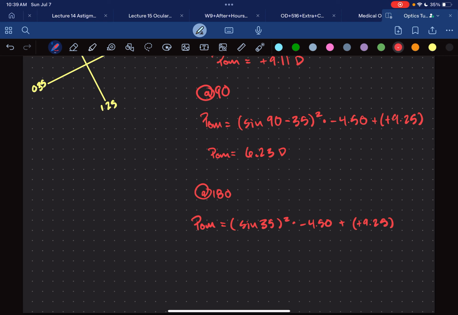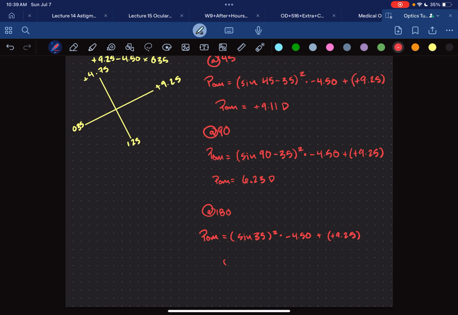So the sine of 35, square that, times that by negative 4.5, and then add 9.25. And that gives us a power of 7.7. Let's put a positive in front of that. Positive 7.77 diopters. So again, just kind of think about it. It doesn't make sense that right here would be 7.77 diopters. Yeah, it doesn't make sense.